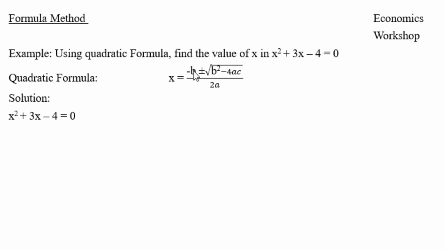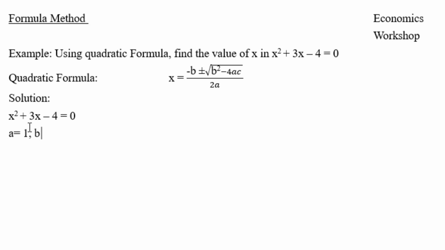In order to use quadratic formula to solve any quadratic equation, we need to find our parameters. A represents the coefficient of x squared in the quadratic equation. In this equation, the coefficient of x squared is 1.